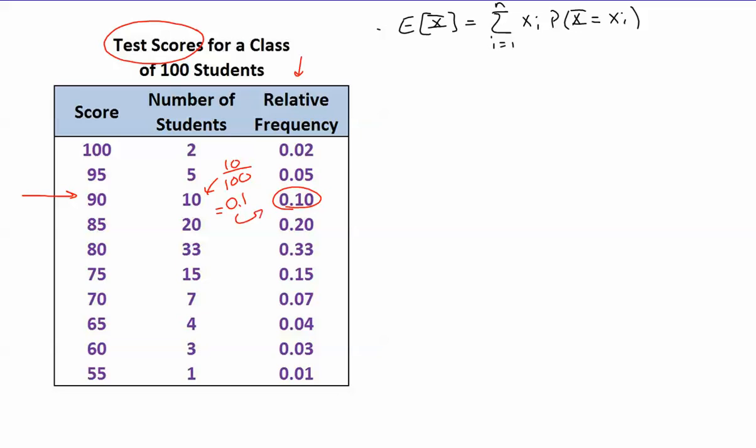So what that's saying is the probability that my random variable equals 90% is 0.1. Those probabilities, the probability that my random variable takes on a specific value, are relative frequency values.